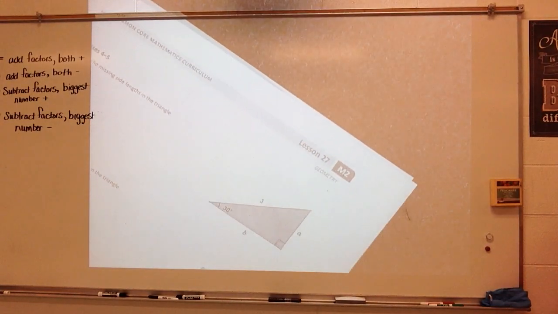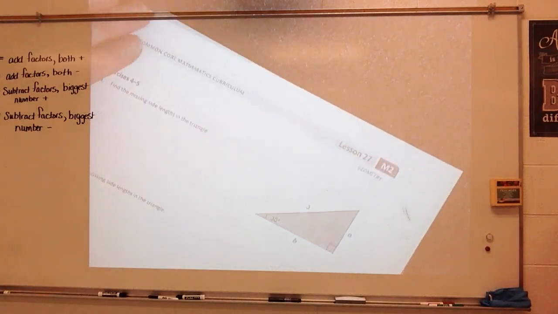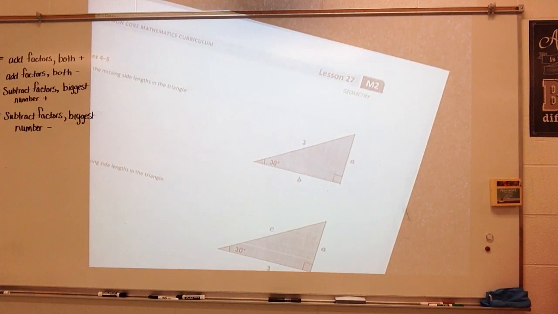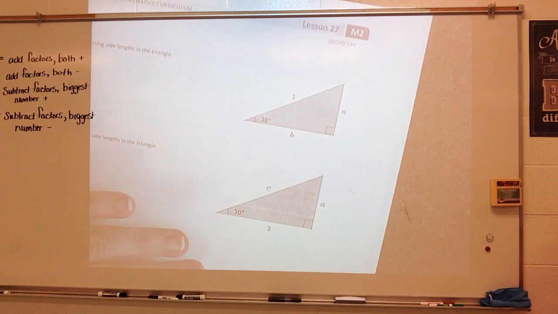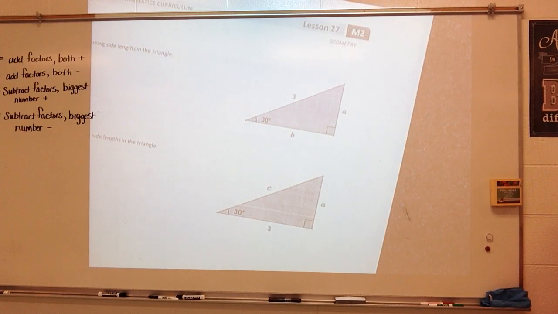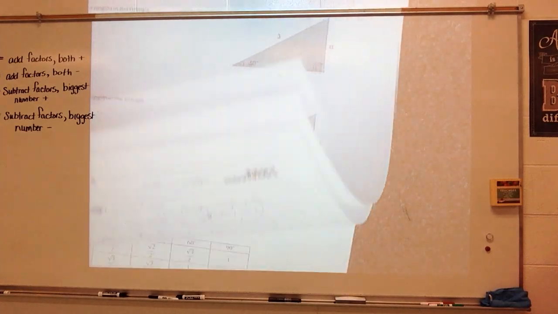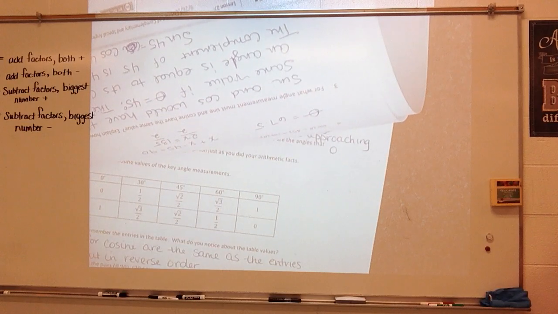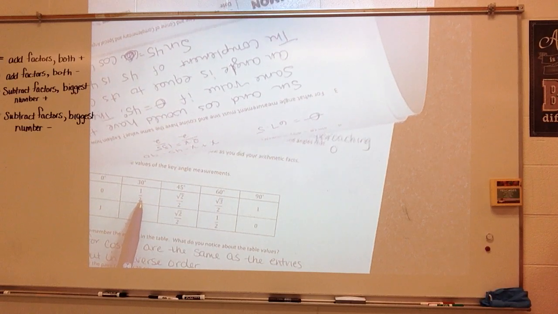Exercise 4 and 5. Last 2 questions. Find the missing side length of the triangle. Alright. So I have a 30-degree angle. I can go back and see that the sine of a 30-degree angle is 1/2.